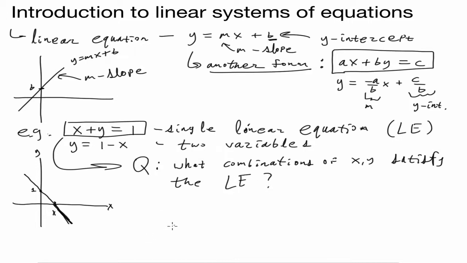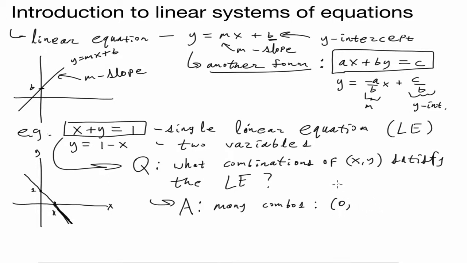Okay, and it's pretty clear here that the answer, at least in this particular case, is that there are many answers. There are many combos. So we can think of some examples. I'm going to put the combination as an ordered pair of x and y.